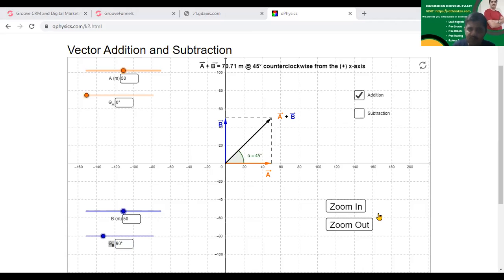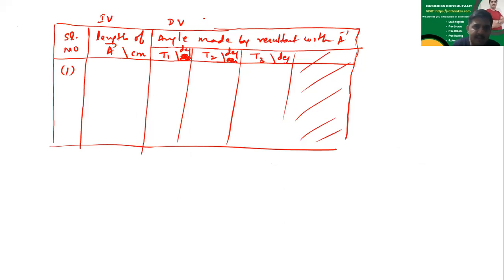So what is it that I'm going to do? Before that, I'm going to write vector B is equal to 50 centimeter. And the initial angle, I will make the angle theta equal to 90 degrees, theta initial. What is theta? Angle between A and B. Let me write this also. This is constant initially for the first trial.